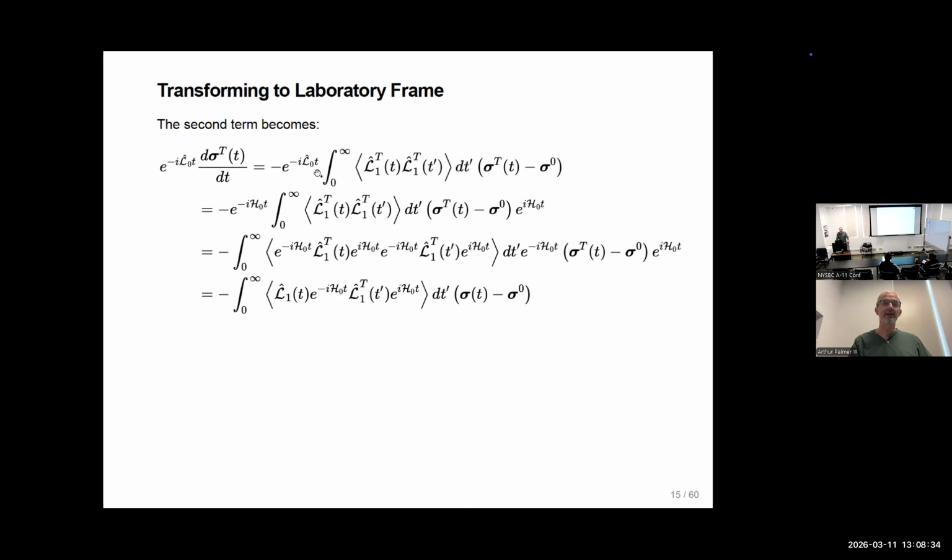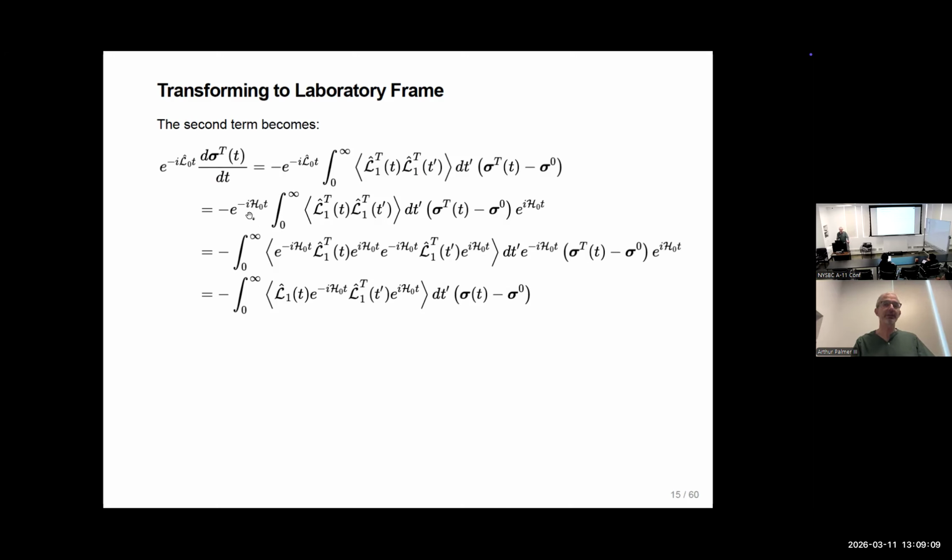And now I just substitute in our equation. That interaction frame equation was the integral of the correlation function of the Liouvillean for the fluctuations in the interaction frame. Then I unpack the exponential of the Liouvillean superoperator, because that's really one of these sandwich operators with one term on one side and the inverse on the other.